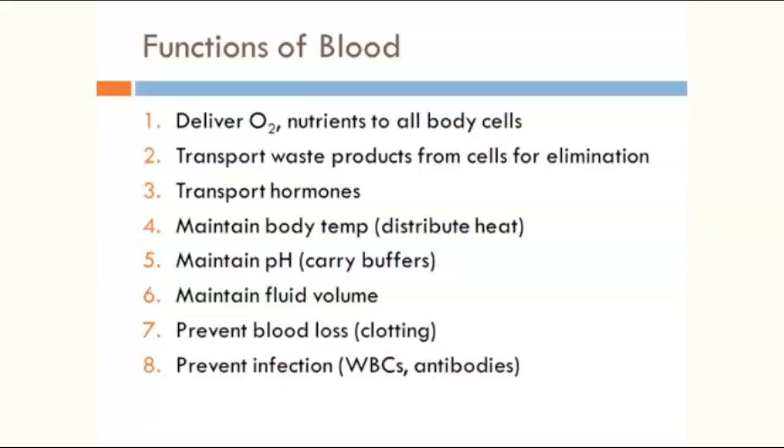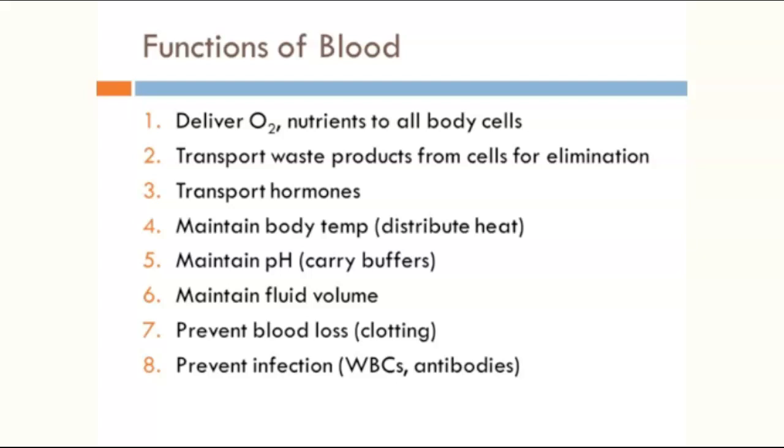We'll start with the functions of blood. Lots of these you're probably already familiar with. We've talked about them a little bit throughout the year. Perhaps the most important one here is the fact that red blood cells deliver oxygen to all of the body cells. So the cardiovascular system and the respiratory system work very closely. We inhale oxygen, it goes into our lungs.